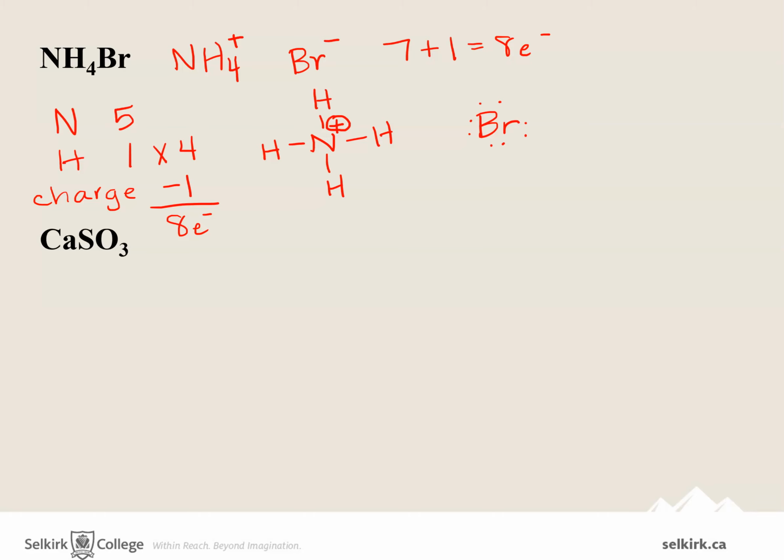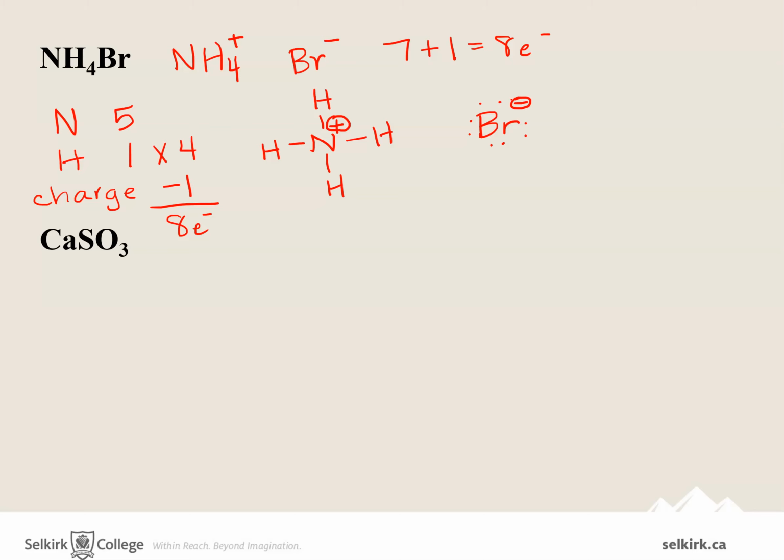From its position in the periodic table, I expect bromine to have 7 valence electrons, but it's contributing 8. It's got an extra electron. It's got a single negative charge on it. So there is the Lewis structure of ammonium bromide. And don't you dare draw a covalent bond, a line connecting the ammonium and the bromide. It's not covalent. It's ionic.